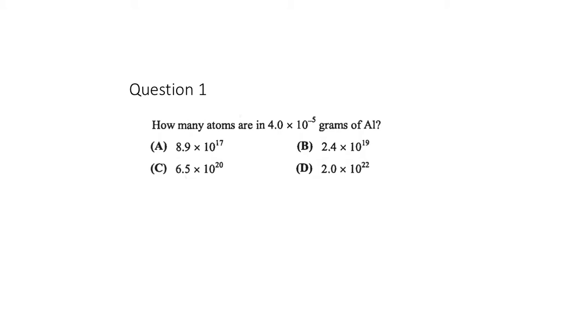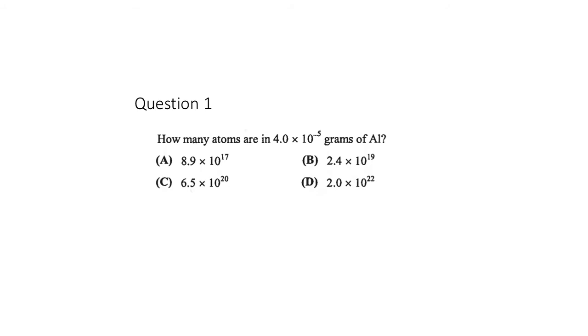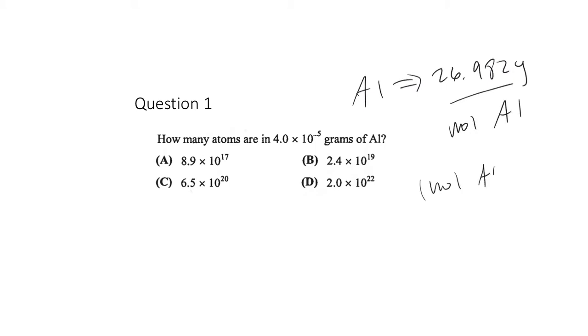So when we look at the periodic table, we see Al, aluminum, it's 26.982 grams per mole of aluminum. And then 1 mole of aluminum would contain 6.022 times 10 to the 23 Al atoms.